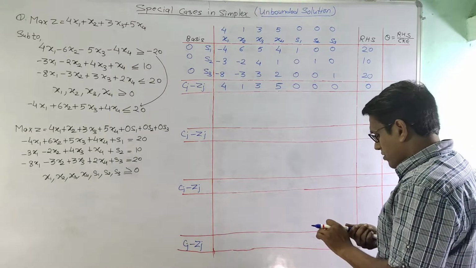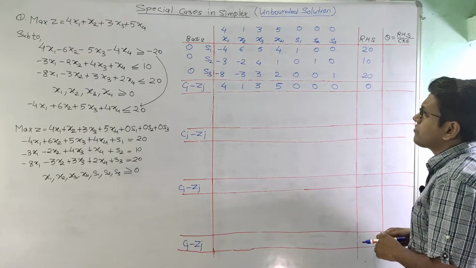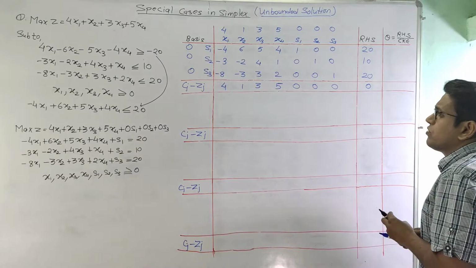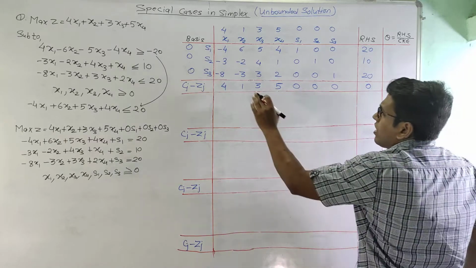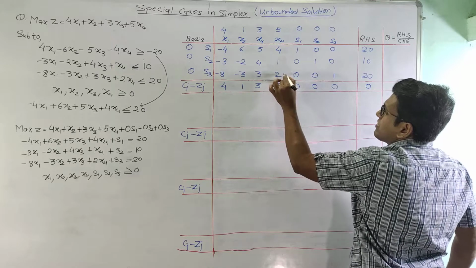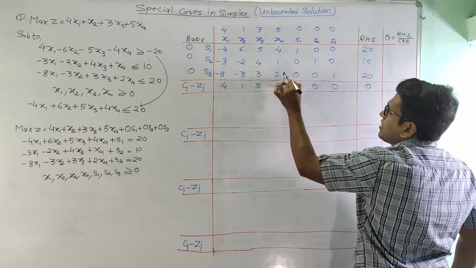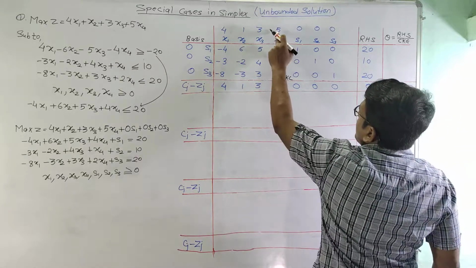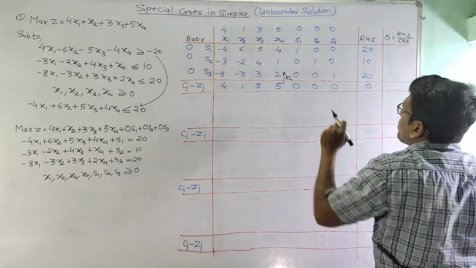Now we need to find the maximum positive value in the Cj minus Zj row. Among these, 5 is the maximum positive value, so we will select this as our key column, and this decides our entering variable, which is x4.